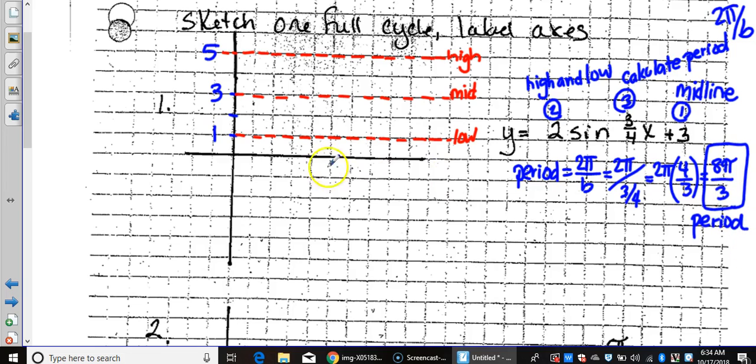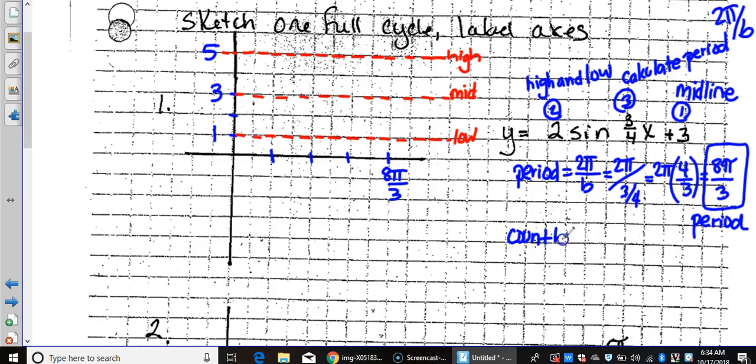Which means, if I create 4 nice, evenly spaced tick marks on the x-axis, by the time I get to 8 pi over 3, I should have 1 full period complete. Let's figure out what we're going to count by.